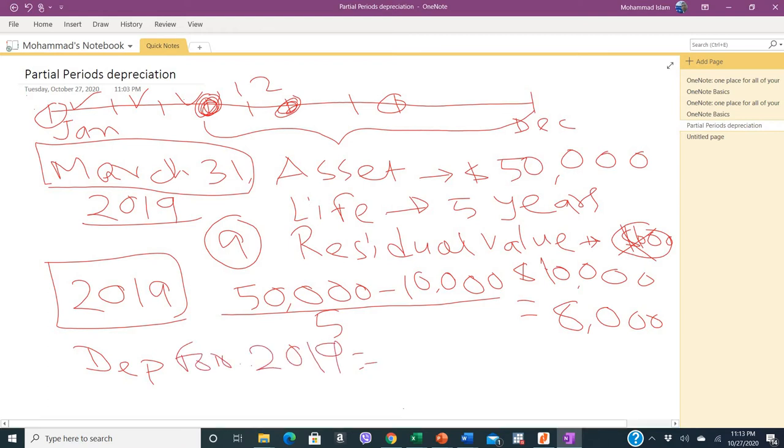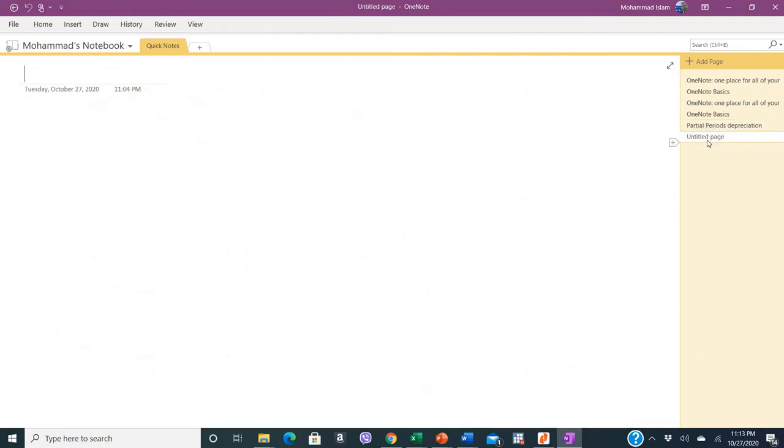So depreciation for 2019 would be equal to 9/12 multiplied by 8,000. Can you see that? This is the whole year's depreciation. Now, the depreciation for 2019 would be 8,000 multiplied by 9/12.